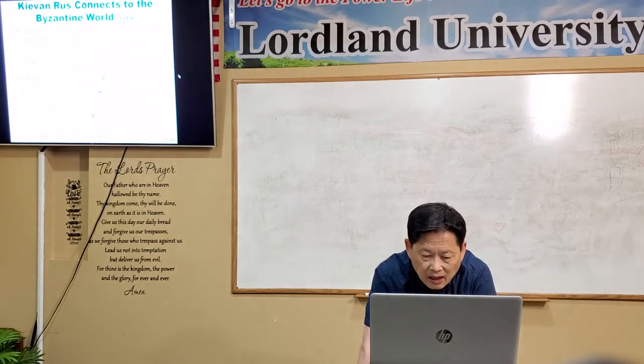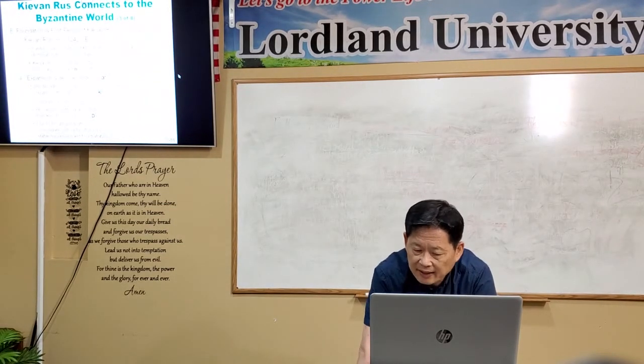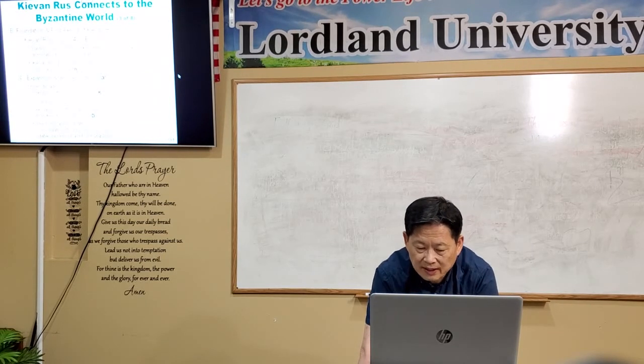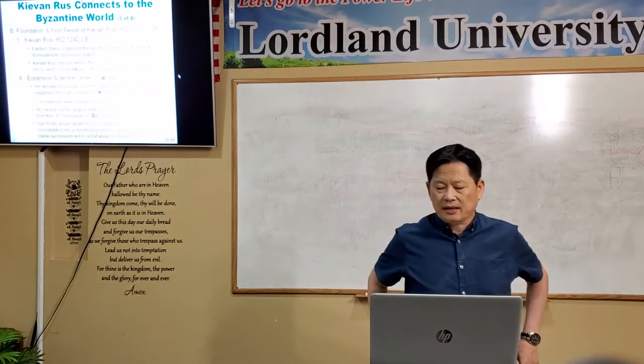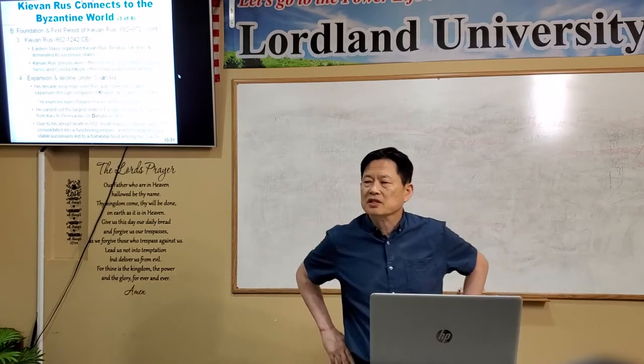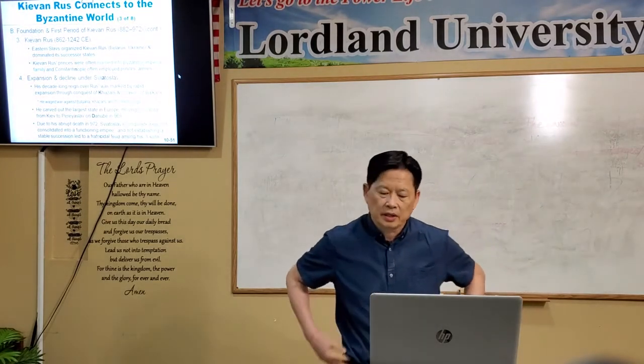He carved out the largest state in Europe, moving his capital from Kiev to Pereyaslav on the Danube River in 969. Danube River is the second longest river in Europe.